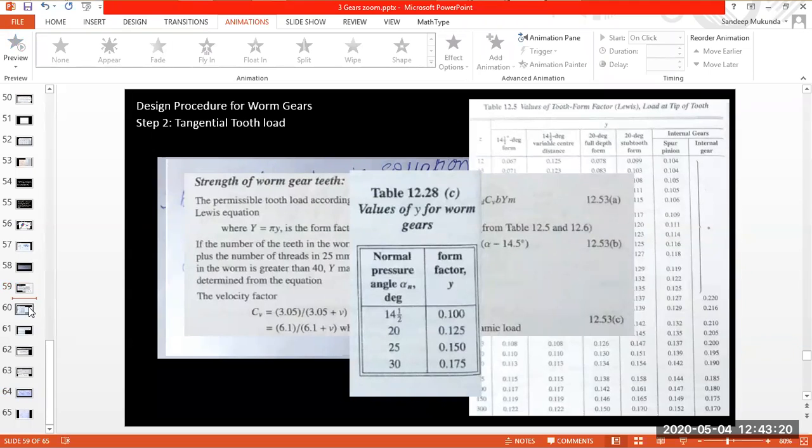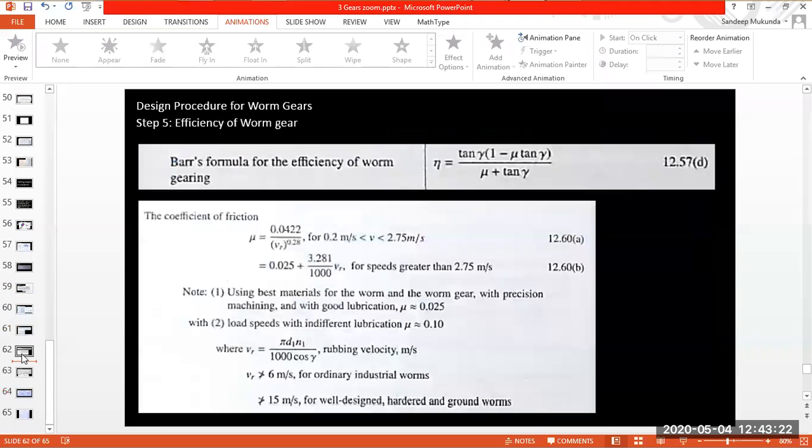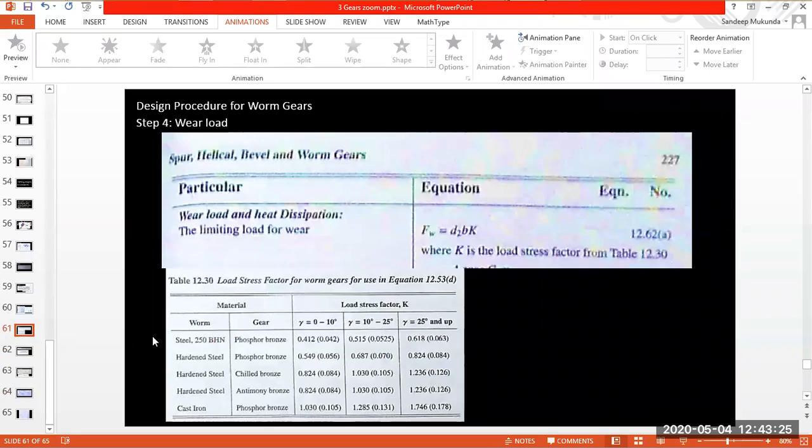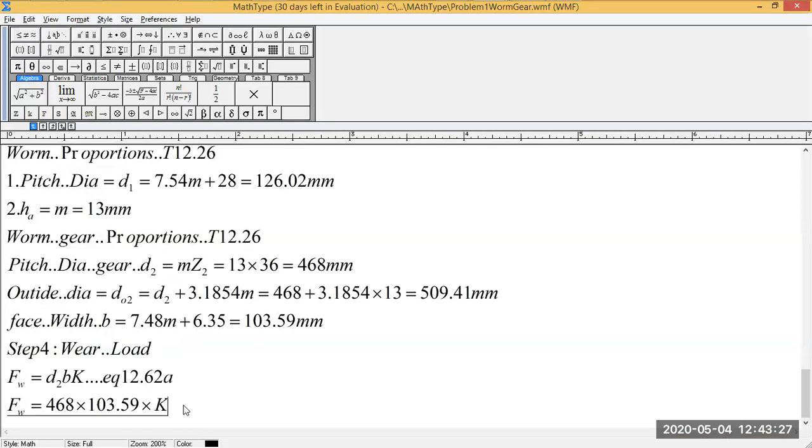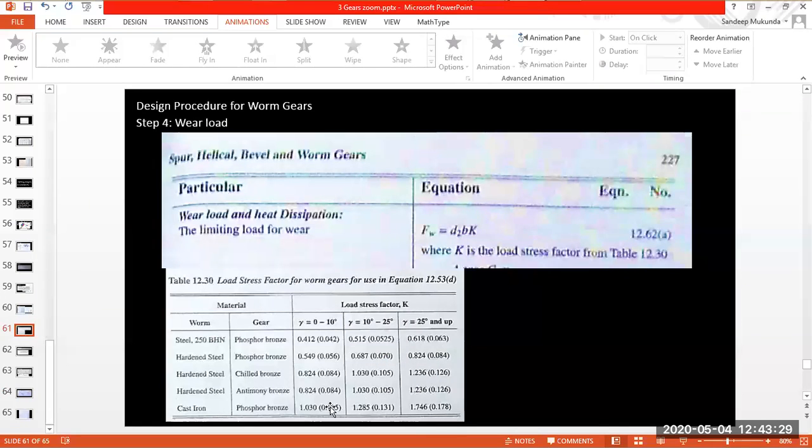So this step I think was not required because that was not asked. The only thing asked was heat generation. Since it's not given, we are free to assume. So let's assume 25 and up. Material was hardened steel and phosphorus bronze. We can take this value here, 0.824.